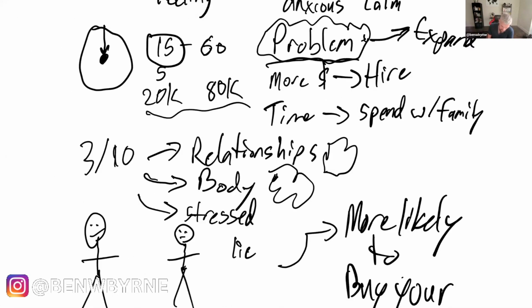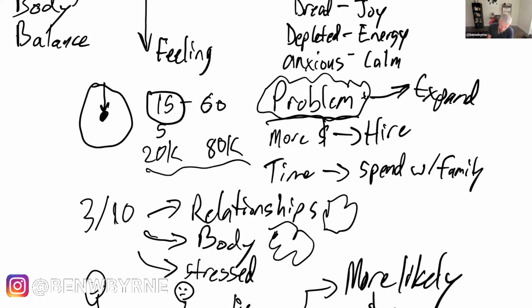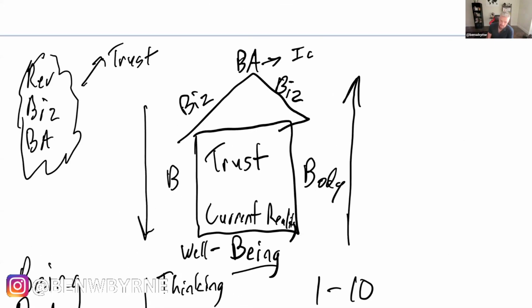So without going into a whole bunch more stuff, the main thing that I like is that it is easy to remember. You don't need to have a script for this stuff. You just need the framework of asking these questions and being more curious about them, right? So before you go into all the business stuff, just ask them about these things, and if they try to make it weird, just be like, yeah, dude, I like to know about how the person's doing before we talk about business.